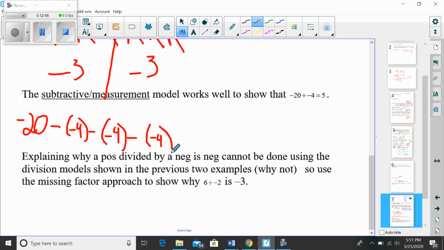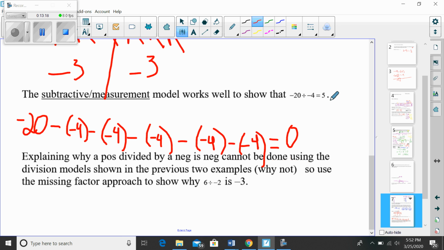So if I had 20 negative chips, 20 reds, I could take out groups of 4 reds, and the number of groups that I would have by the time I got to 0 would be 5. So I could show it this way, that I have 20 reds, measure off 4 reds, measure off 4 reds, 4, 4, 4. I have 5 piles of 4 reds.